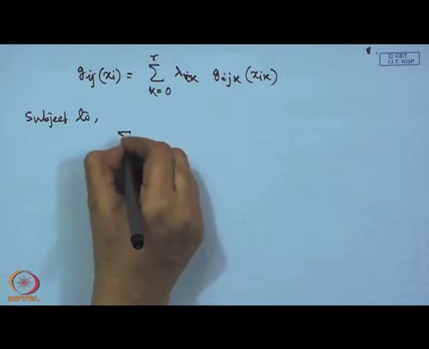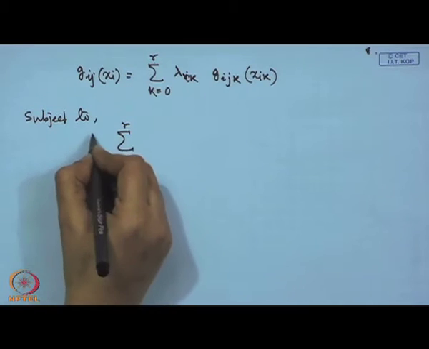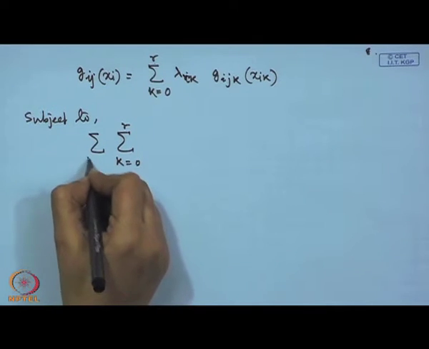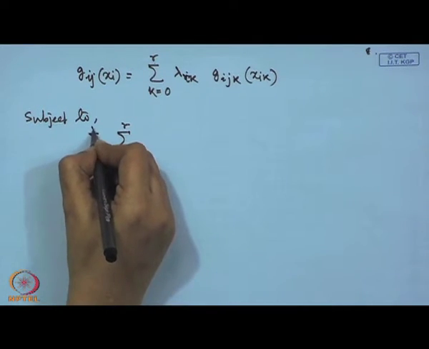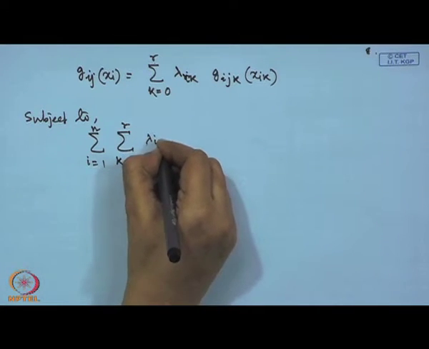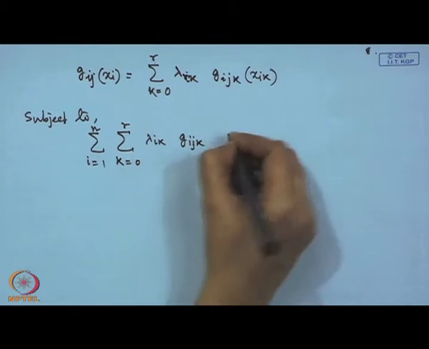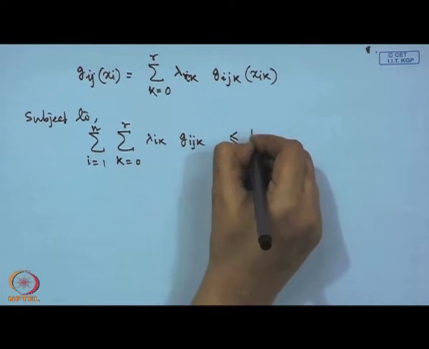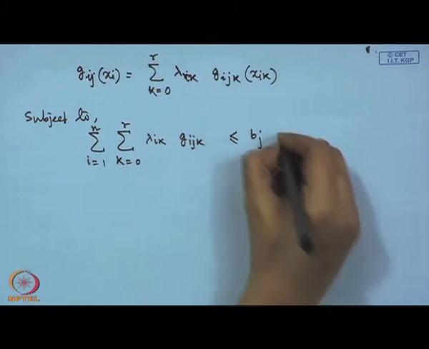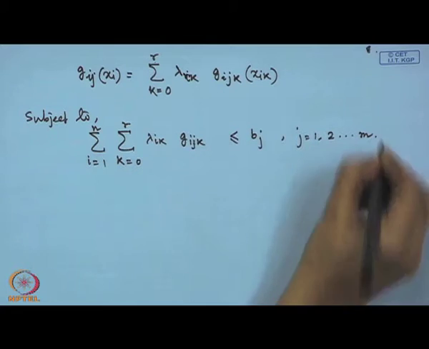programming as summation k is equal to 0 to r, and there is another summation also, I is equal to 1 to n, lambda I k g I j k, and this is less than or equal to b j, where j is equal to 1 to m.